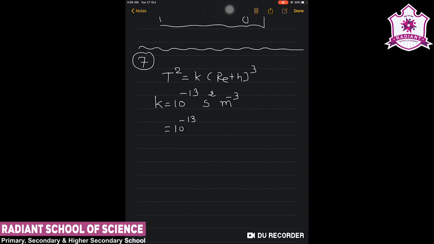So first we want to convert it. We have 1 over 24 hour for one day, and 360 square, so this would be our term in a day square. Then another, we have 1 over 1000 meter, that is converted into kilometer, that is kilometer cube.